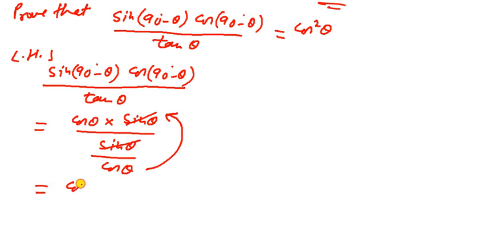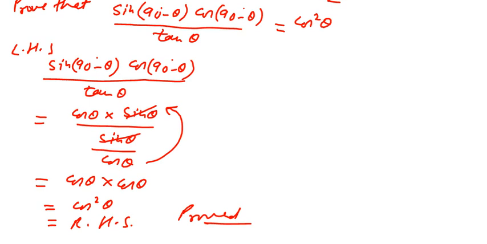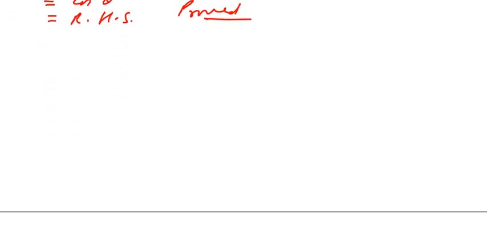And tan theta is sine theta upon cos theta, so we can write here sine theta upon cos theta. Sine theta and sine theta will cancel out, and the cos theta is going in the denominator. So cos theta into cos theta becomes cos square theta, and that is the right hand side of the question, and hence proved.